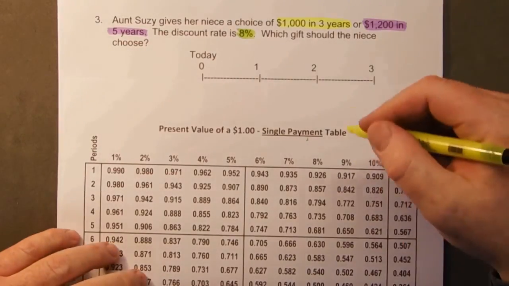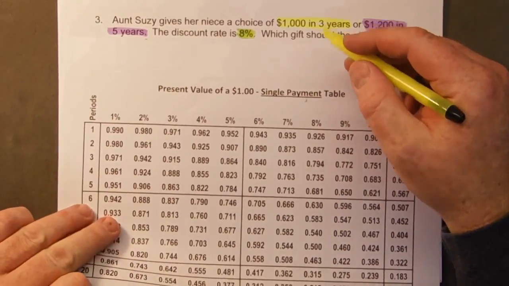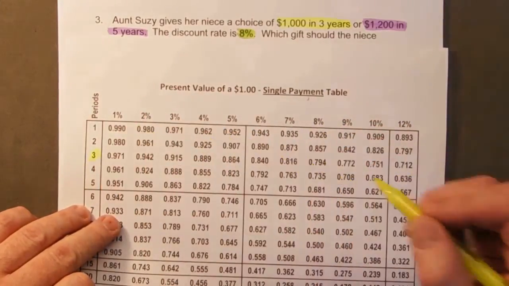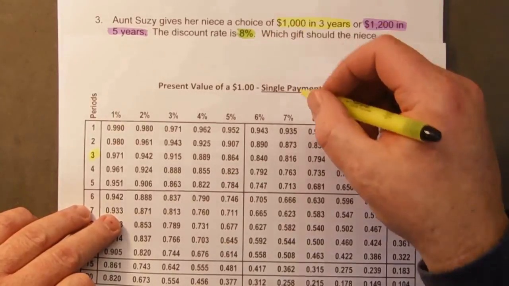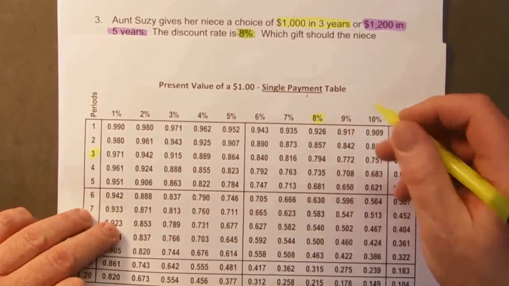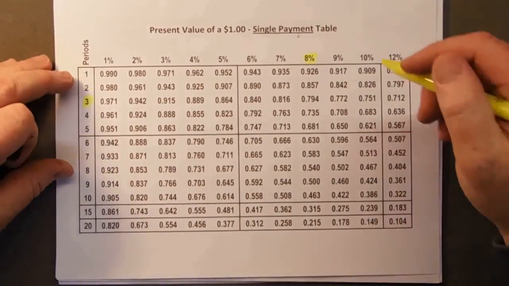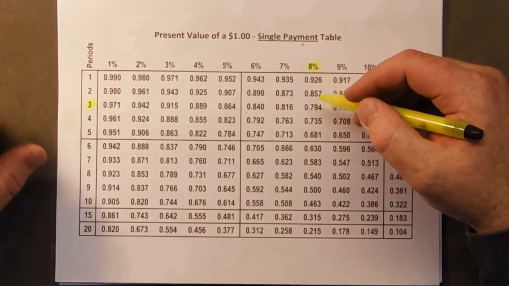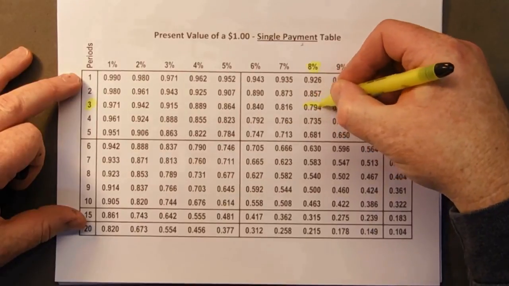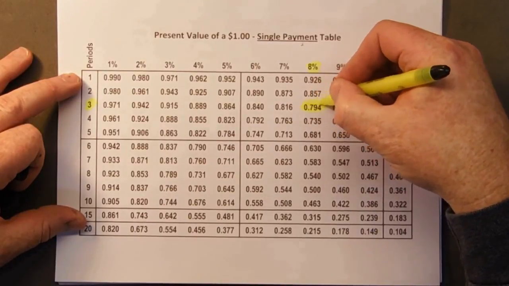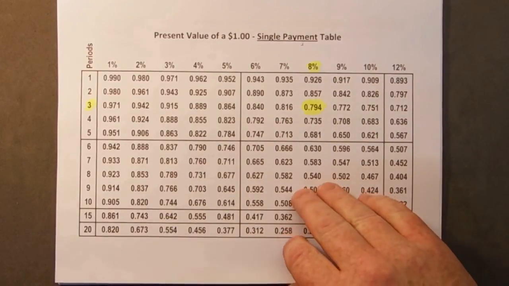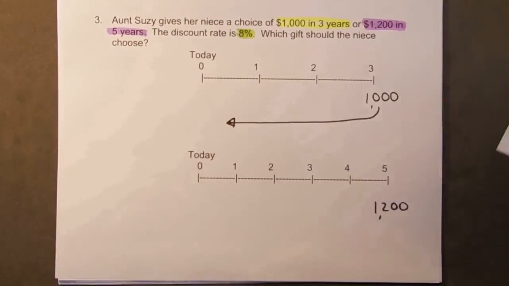All right, well, let's take the first one here, 3 years at 8%. So the factor we're going to use is right here, 0.794. So that's what each one of those dollars is going to be worth in 3 years.